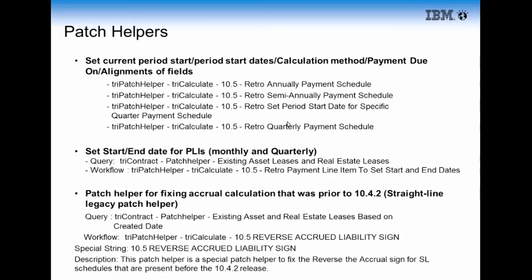What they do is set the current period start date, calculation method, payment due date, and also some alignment of the fields because of the metadata task behind the scenes. Those are the patch helpers that are needed, and they go by the normal 10.5 patch helper string, no problem. The second bullet highlights setting a start and end date on PLIs.